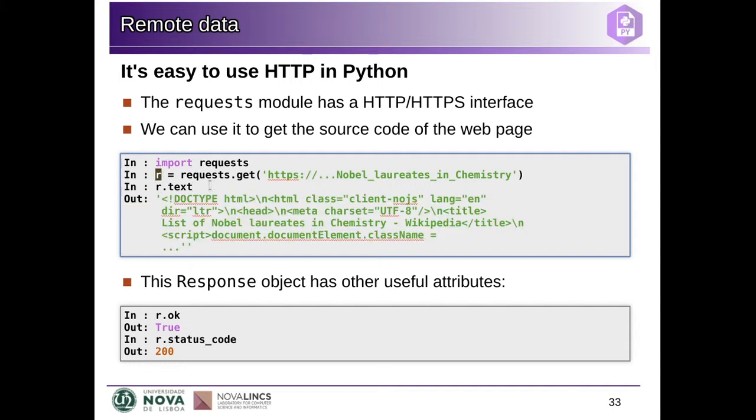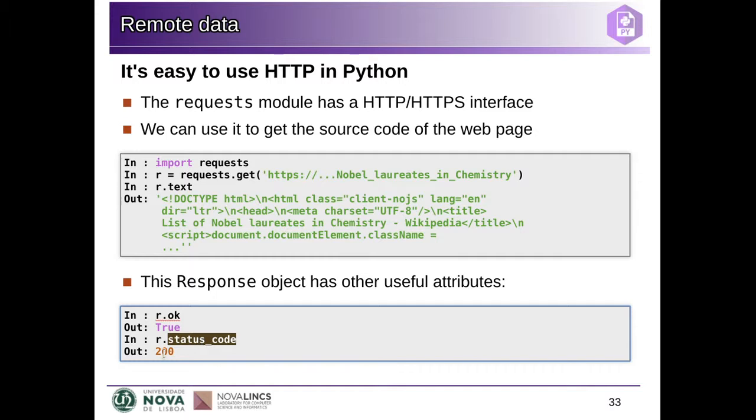This response object, this r here, aside from the text attribute, which has the source code as a string, also has other useful attributes. For example, ok is a true or false attribute. It's true if everything went well. If there is some error getting the data, it will be false. And you can get the HTTP status code from the status_code attribute.